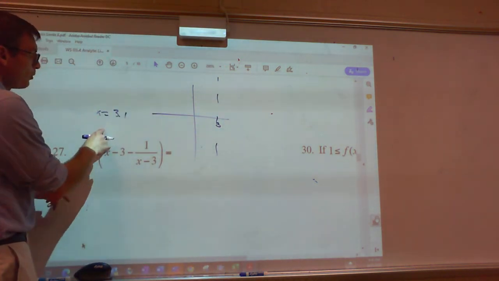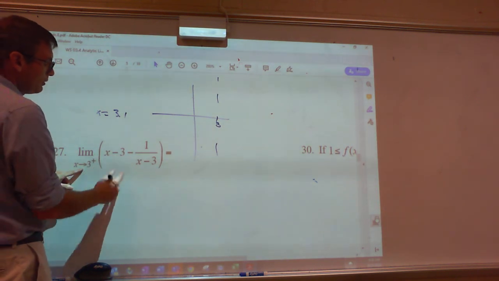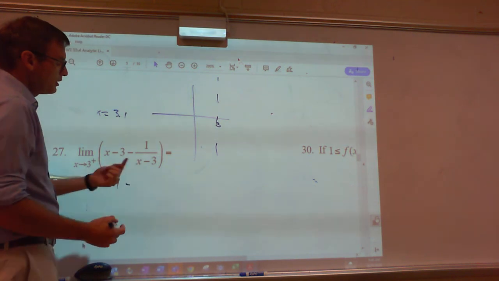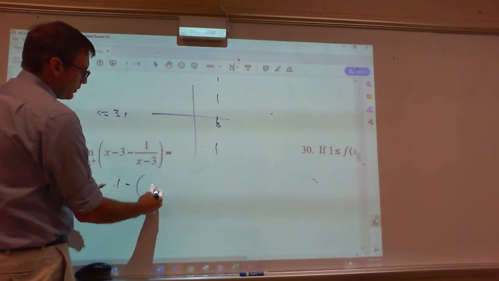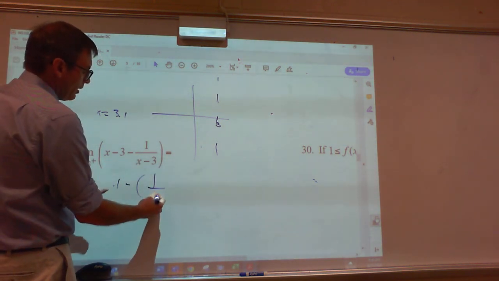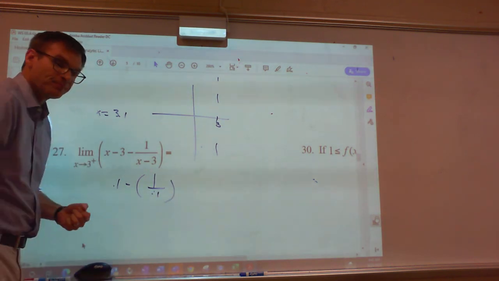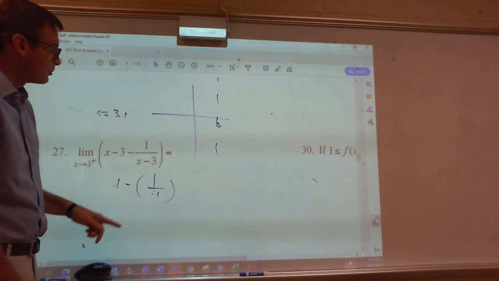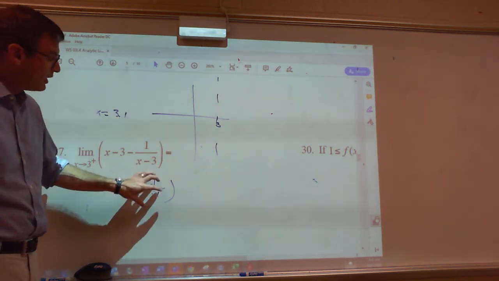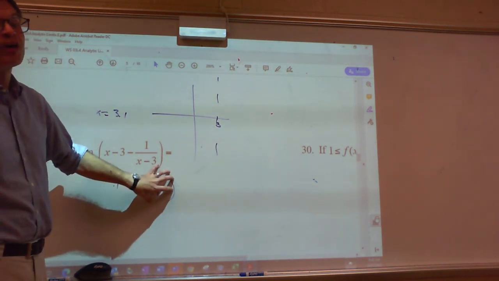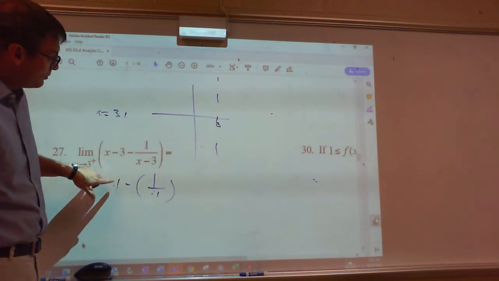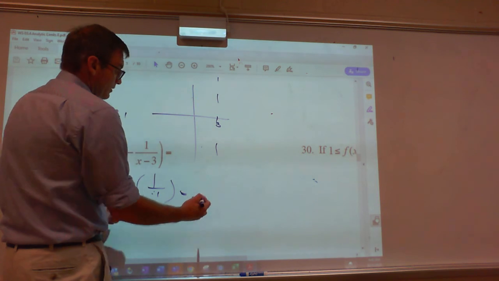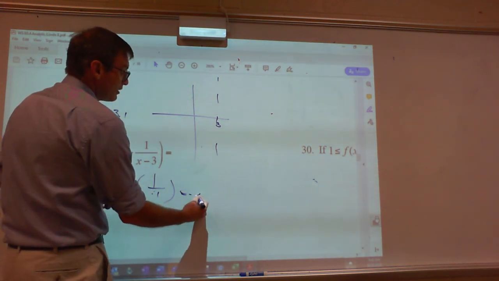So if I plug in 3.1, 3.1 minus 3 is a positive 0.1, and plugging 3.1 in here gives me 1 over a really tiny number. This is dealing with number sense. 1 divided by a really tiny number is going to be very big. But then I have small number minus big number, which is going to be a pretty big negative number.